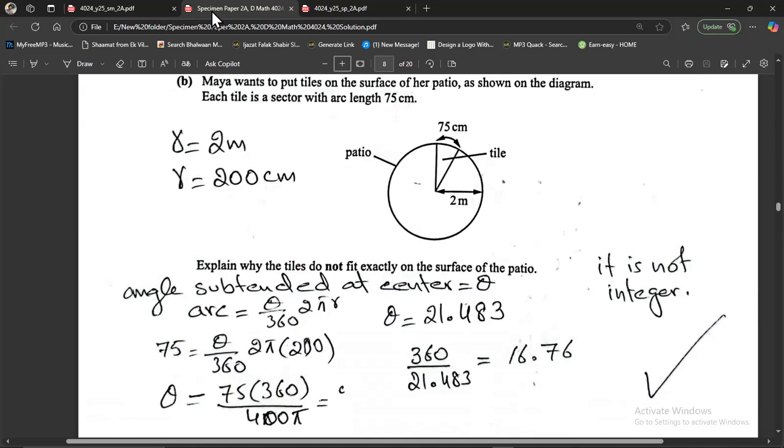So radius is 2 meter, because it's in meters, but the arc length given is 75 centimeters. So I will convert that radius also into centimeters. So 2 meter means 200 centimeter. In 1 meter, there are 100 centimeters. The angle subtended at the center is theta.